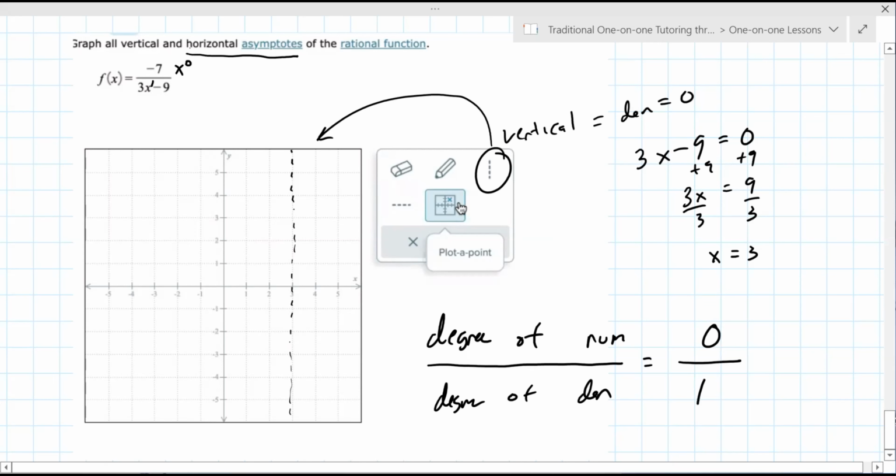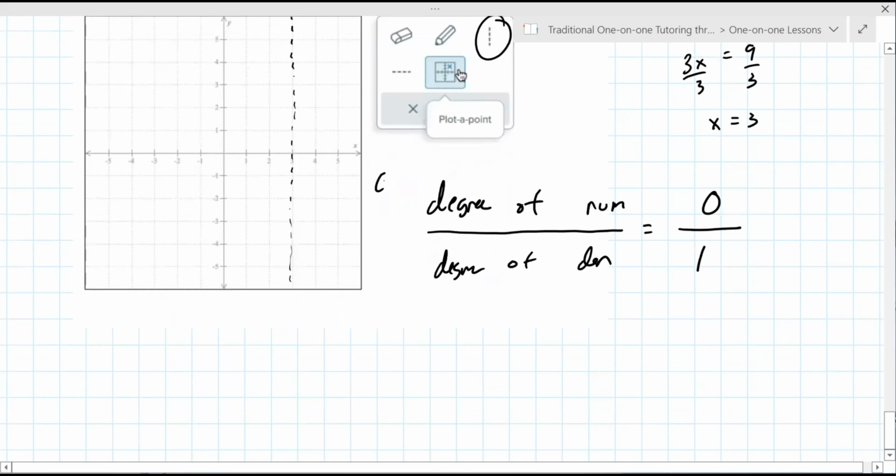So this is what's considered a case 1. I call it case 1 or type 1. When the degree of the numerator is less than the degree of the denominator, the horizontal asymptote is always y equals 0. I don't know what we're going to see in the next problem.